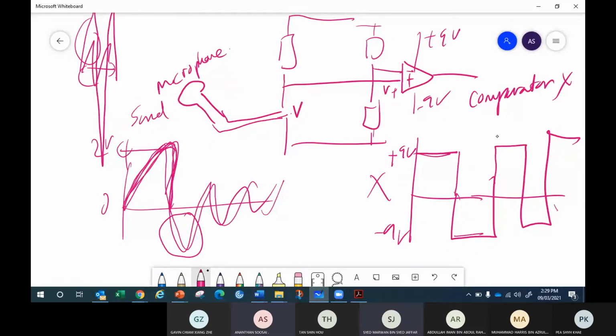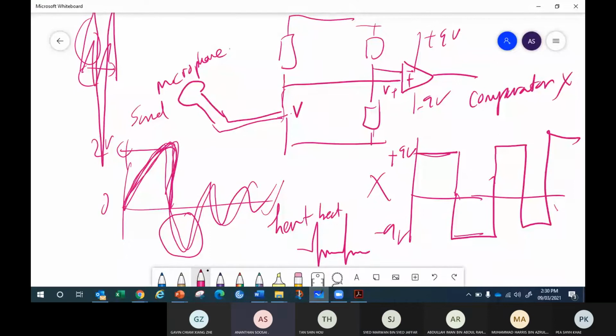For example, heartbeat. For heartbeat, they also put some sort of sensor connected to the operational amplifier to sense the heart signal. This signal is very small from the sensor, but when the operational amplifier amplifies it, if it's a comparator, the graph is going to be produced in the CRO like a square wave.